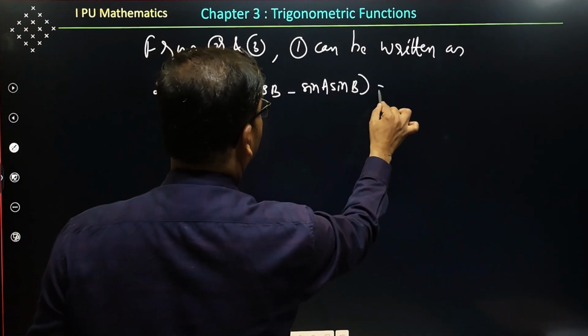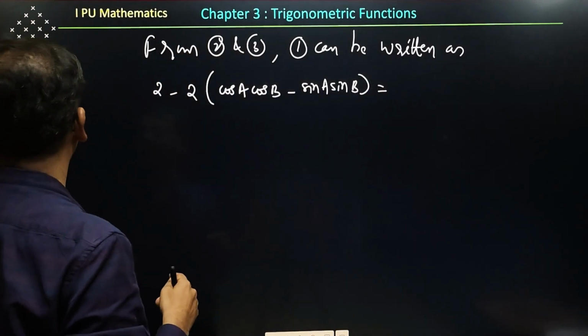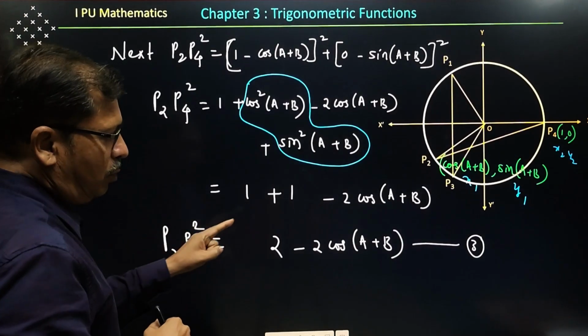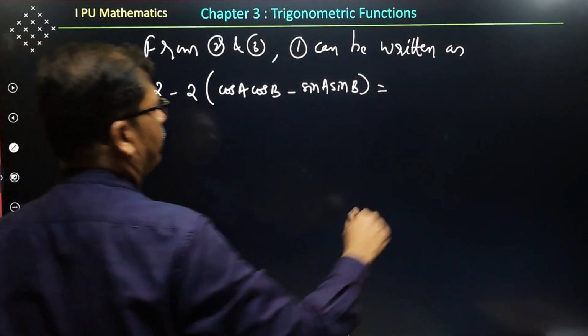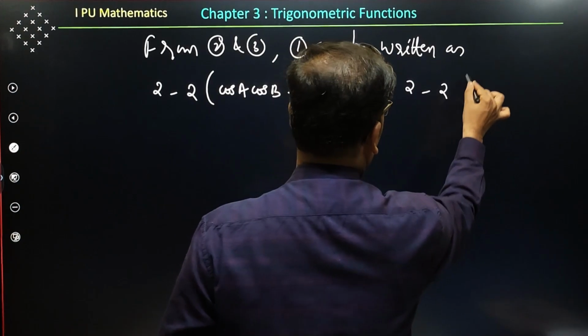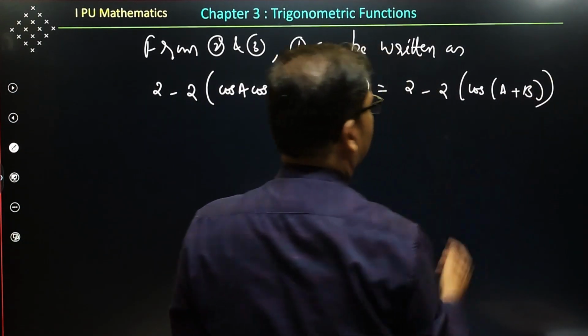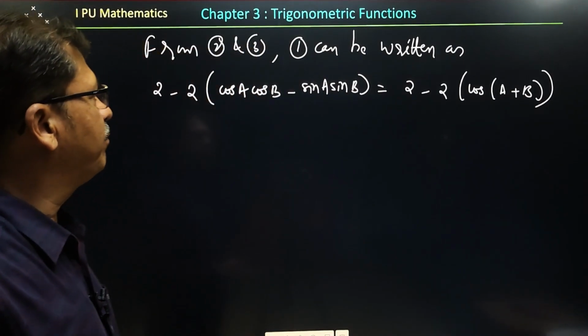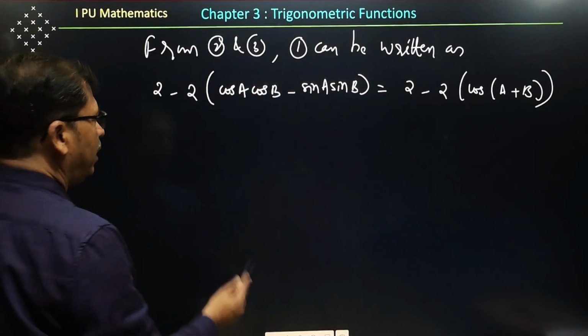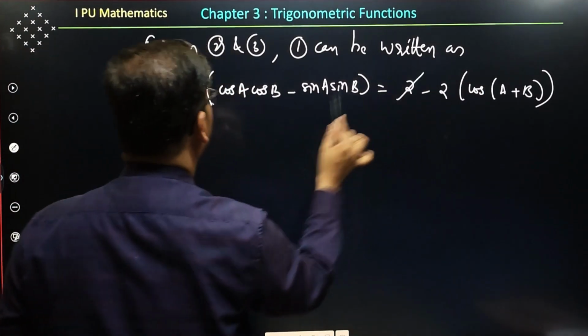On the other hand, P2 P4 square has come as 2 minus 2 into bracket cos of A plus B. This is what we have from the previous calculation. Now it is time to eliminate 2 and 2 directly. What remains?